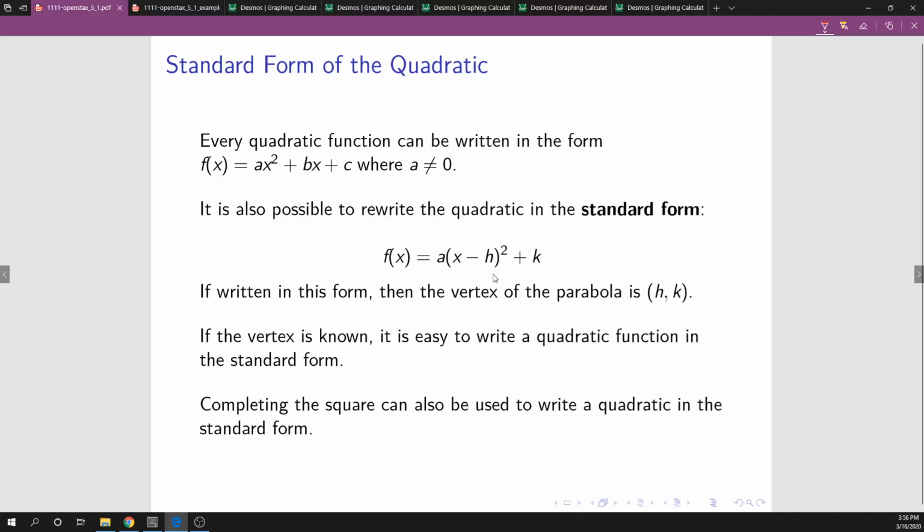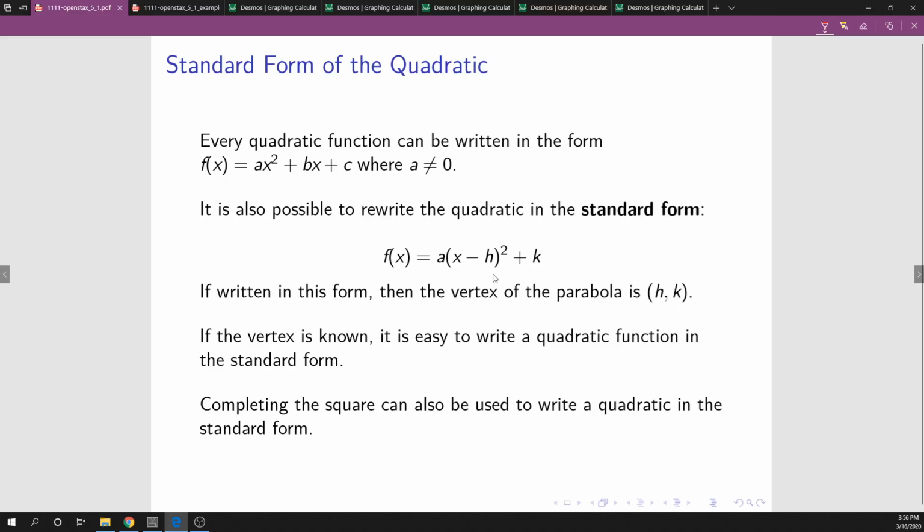If you are moving forward in math and taking more math, then you need to know how the completing the square technique works, because it is useful in other situations besides just solving quadratics. If you're interested in that, just let me know and I'll be glad to make another video showing you exactly how to do that.